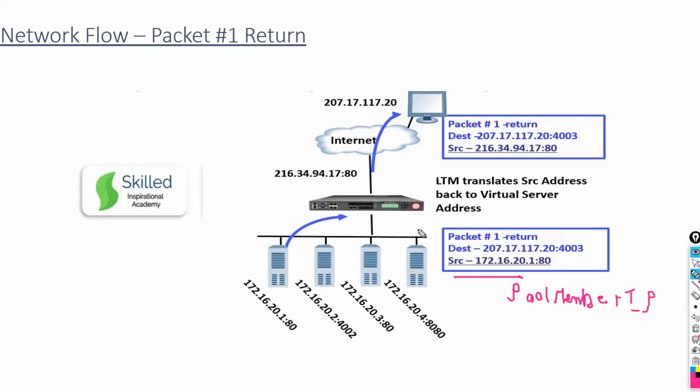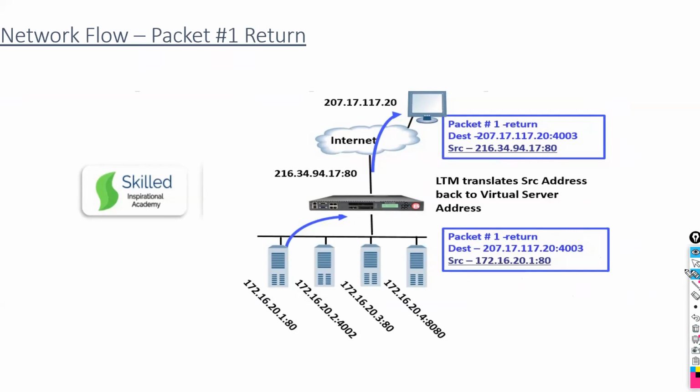And destination will be my client IP. And here, can you see the source IP? Now the source IP is getting converted to your virtual server IP and the destination is the same. Previously the source was the same; in the return packet, the destination is the same. So that is how traffic flows, guys.